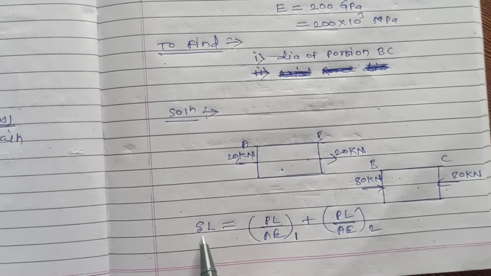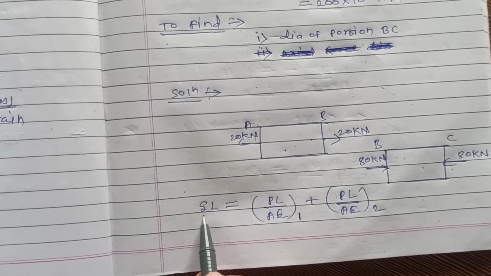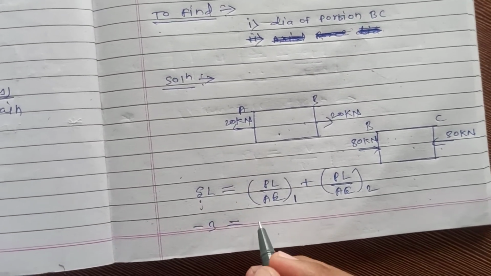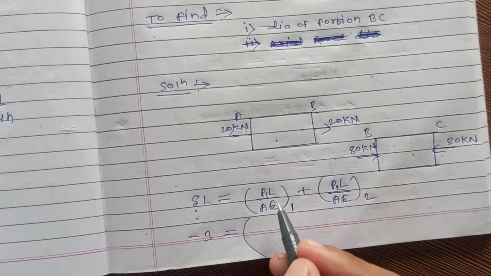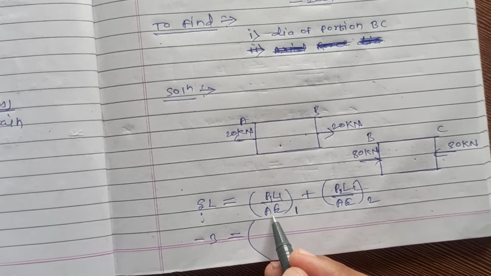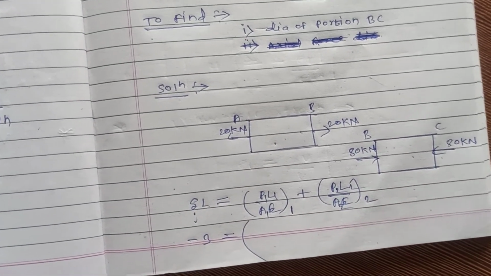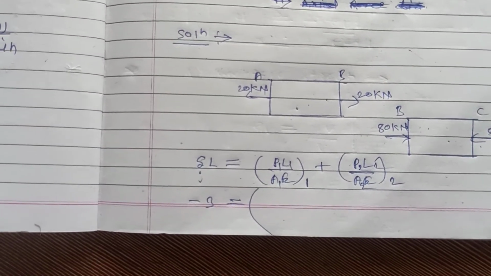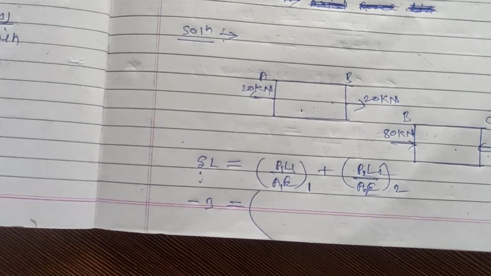We have been given in the problem statement the value of delta L, that is minus 3 mm. So put this value: minus 3 is equal to the terms with P1, P2, L1, L2, A1, A2. These are the various values we have to put in this formula, so we will get the diameter.